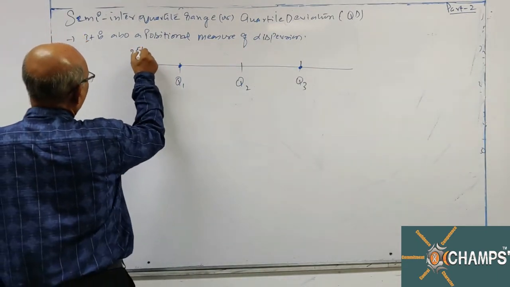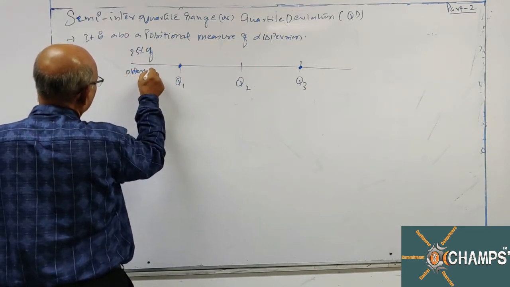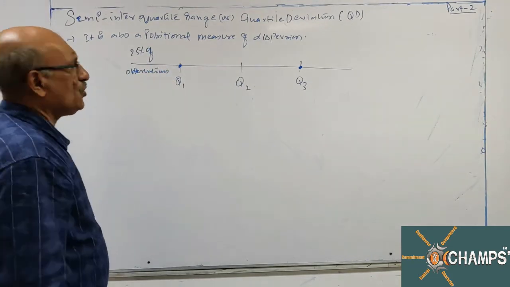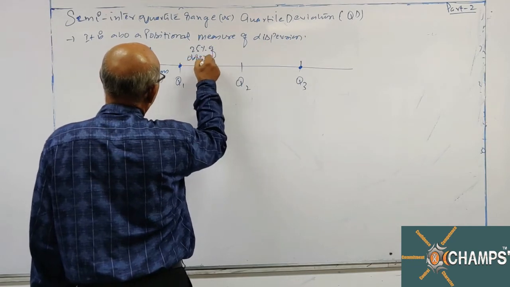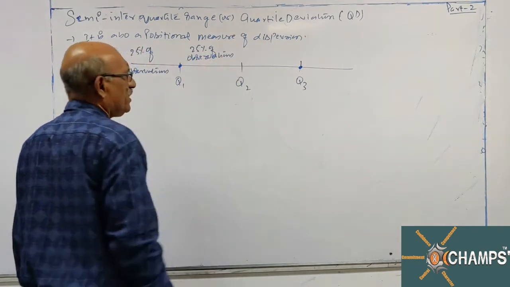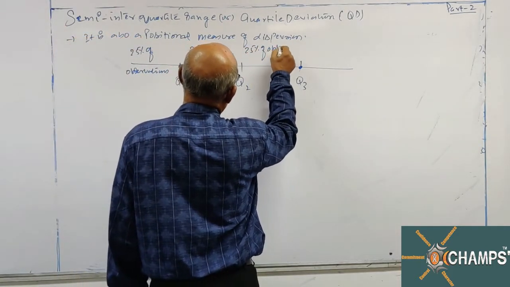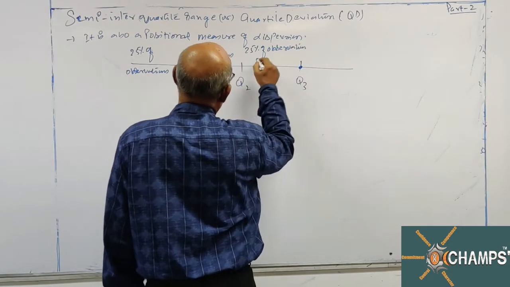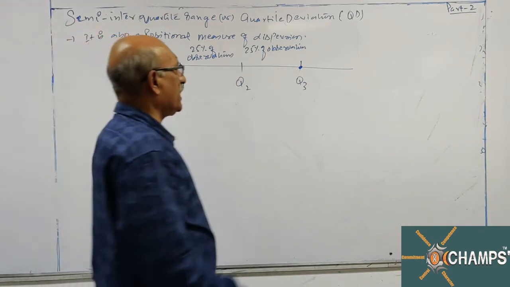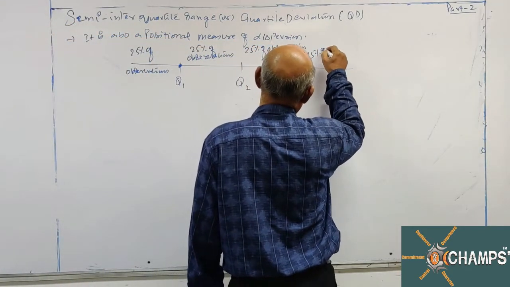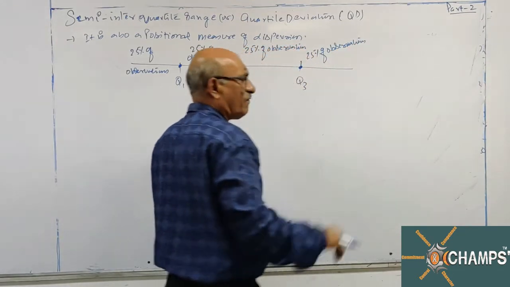Also we know 25% of observations we have from the beginning to Q1, 25% of observations are between Q1 and Q2, 25% of observations between Q2 and Q3, and 25% of observations after Q3.